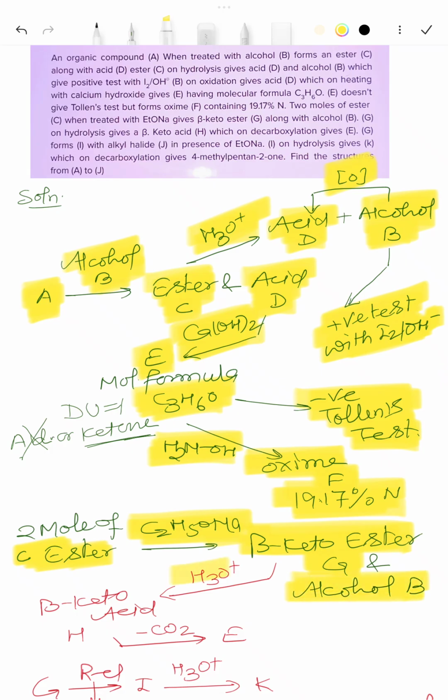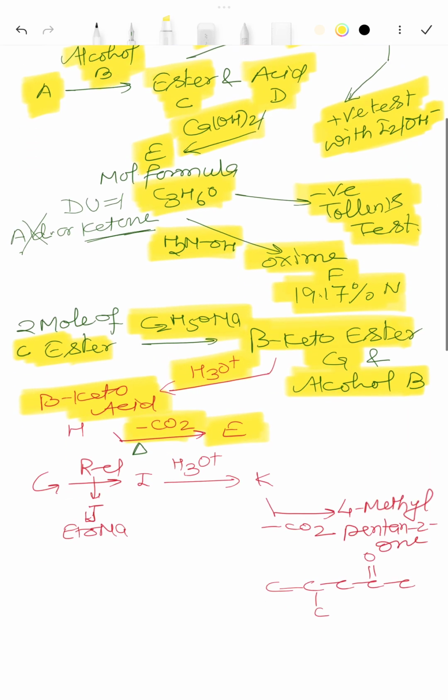Now this beta keto ester, when hydrolyzed, will form the beta keto acid. Ester will hydrolyze, then beta keto acid will form. And when the beta keto acid is heated, CO2 will be released, so compound E will form.